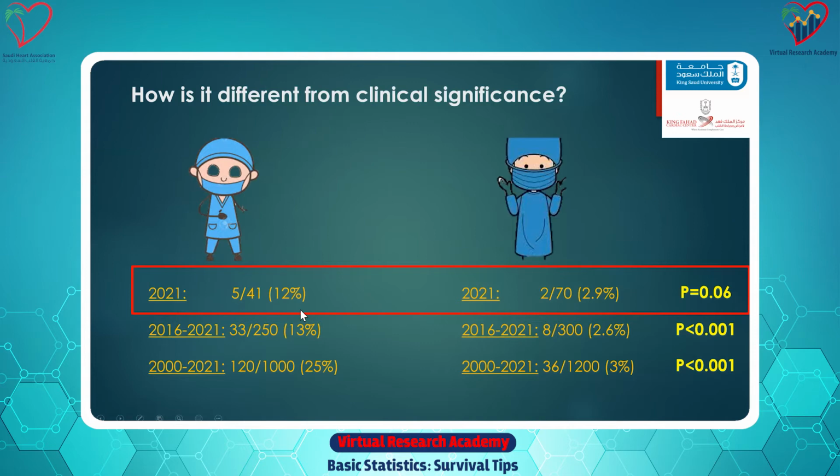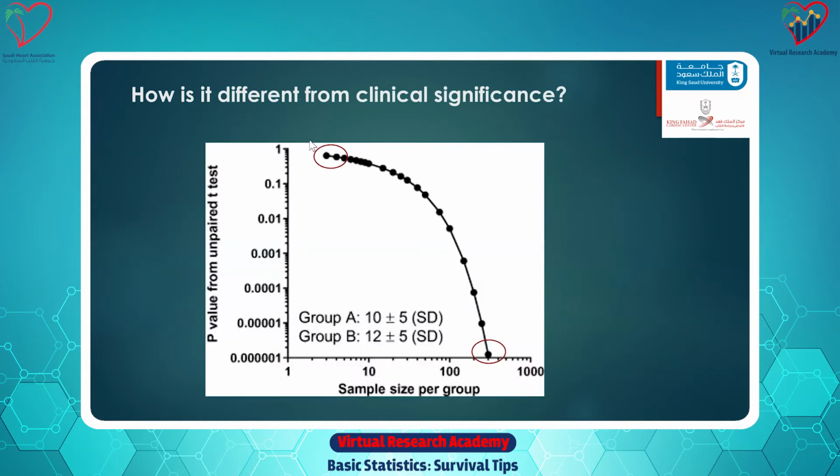And when it comes to practically applying this concept, when you report a study with small sample size, it's better to report effect size so people can think about clinical significance. And I would say at the extremes of sample size, when you're accessing data sets with very large sample size, or when you're studying, let's say a rare disease, or you have small sample size, think about effect size and clinical significance and report them.